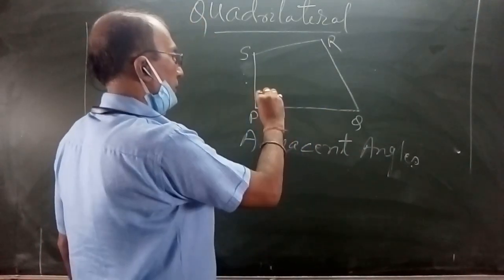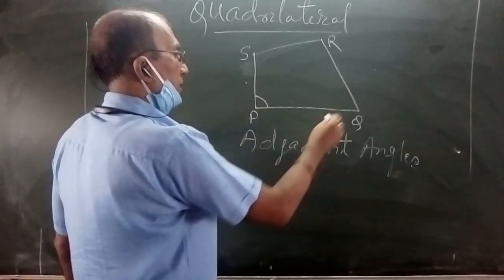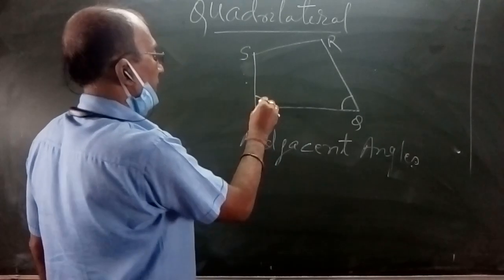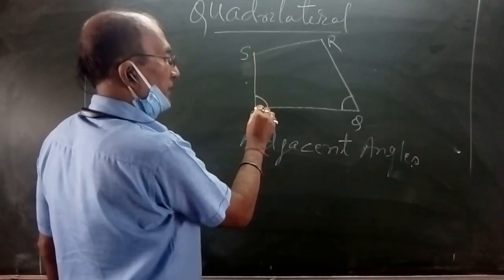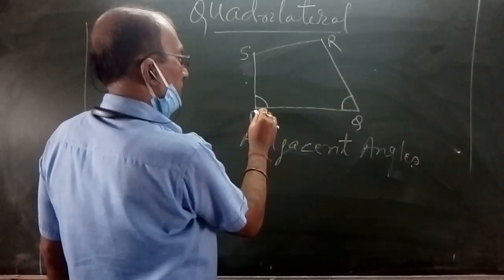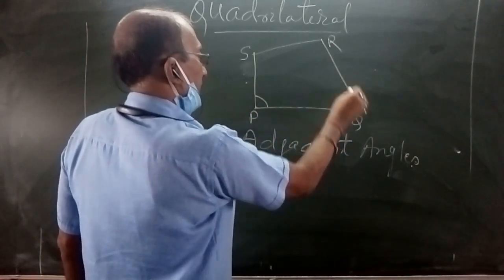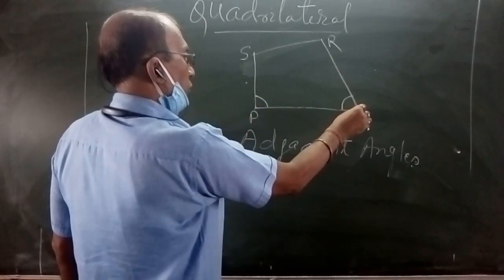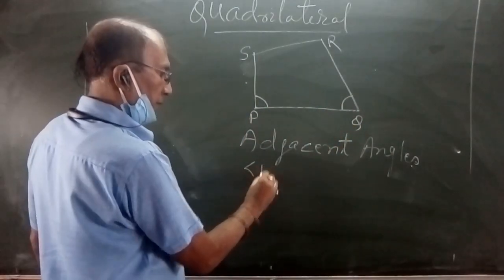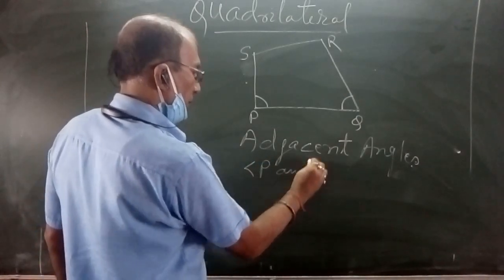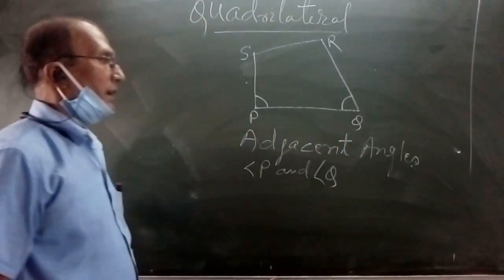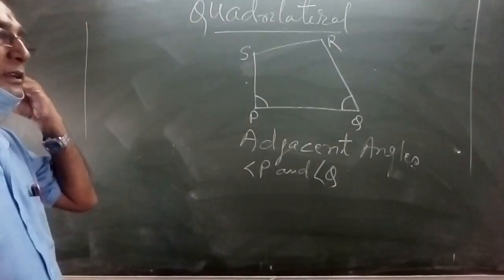For example, angle P and angle Q. Angle P is made up by PS and PQ, and angle Q is made up by PQ and SR. PQ is common, so angle P and angle Q are adjacent angles.